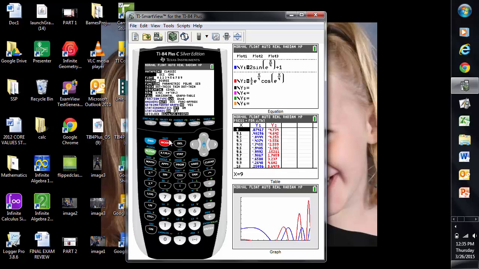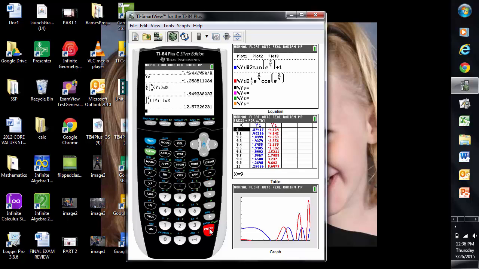Okay. So I have 0 to 6, absolute value, alpha, trace, enter, dx. And the total distance traveled should be 12.573.